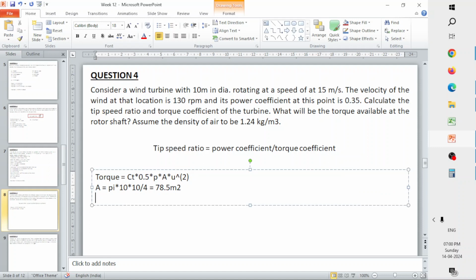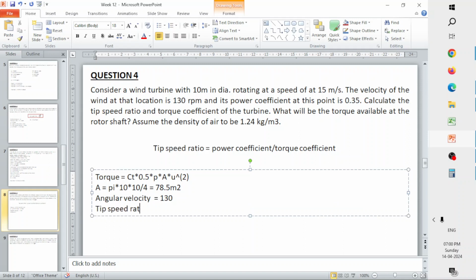So you know the value of A, and the angular velocity is given as 130 rotations per minute. Now they are asking you to calculate the tip speed ratio.